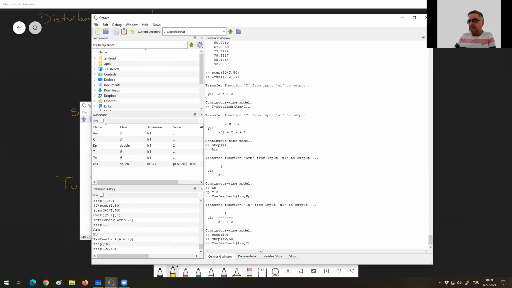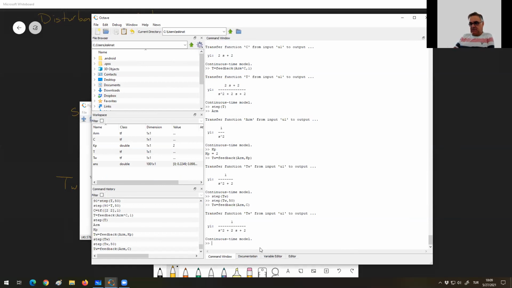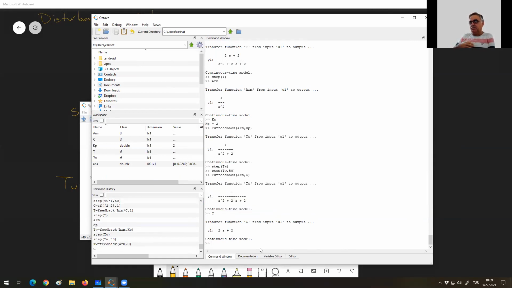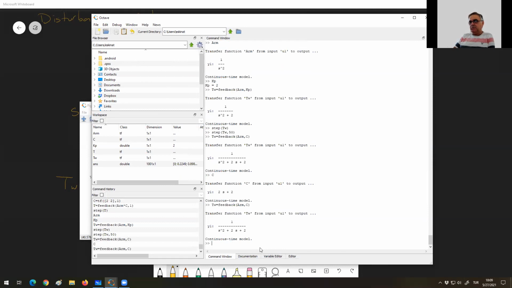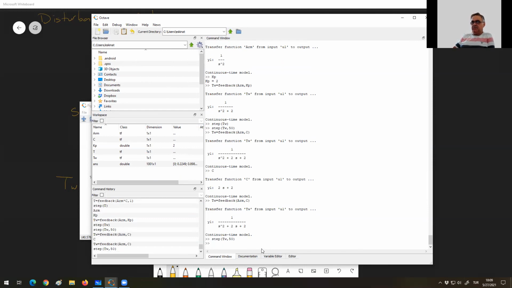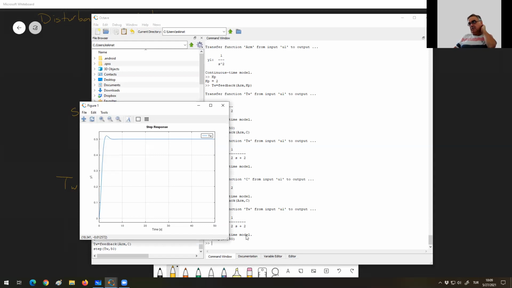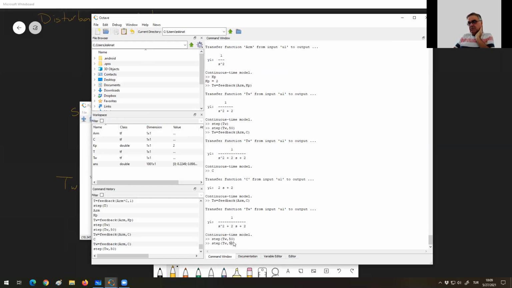Okay, this is C. C was the PD control, as you might remember. So this is the continuous time model. If you look at the step response of this, 50 is too much, let's make it 20.